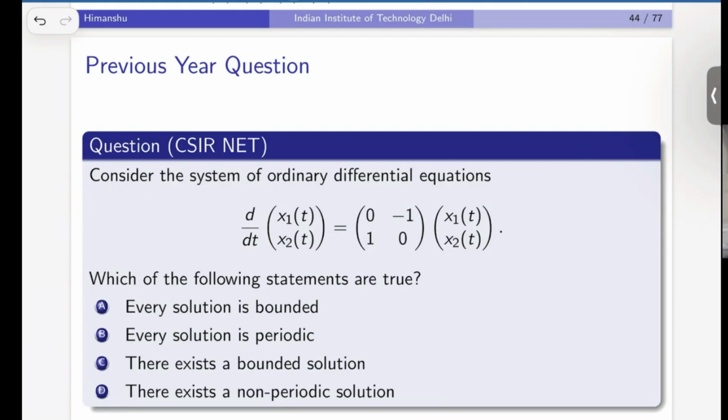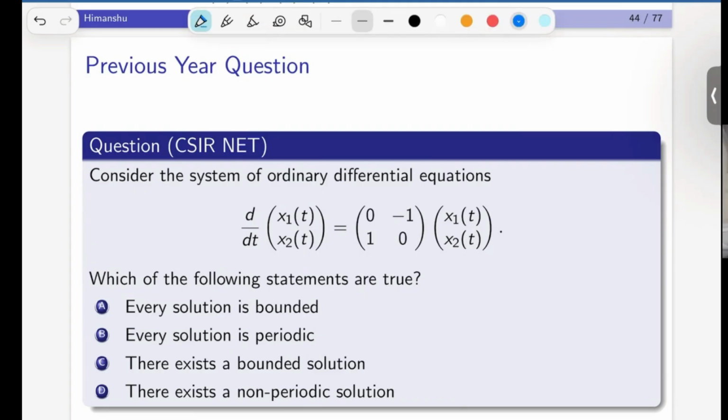How do we do that? If you find its characteristic equation, we have lambda squared plus 1 equals 0. Both our eigenvalues are imaginary, right?